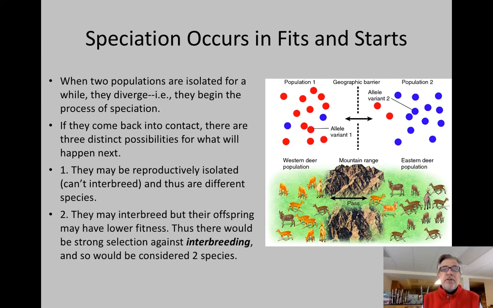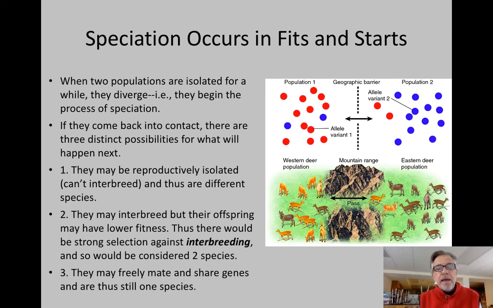Two, they may interbreed, but their offspring would have lower fitness, which would mean the offspring don't do very well. This would mean there'd be strong selection against interbreeding, and that would probably mean that even though they can technically mate and have babies, we would still consider them two separate species. Finally, they may freely mate and share genes and are thus still one species.